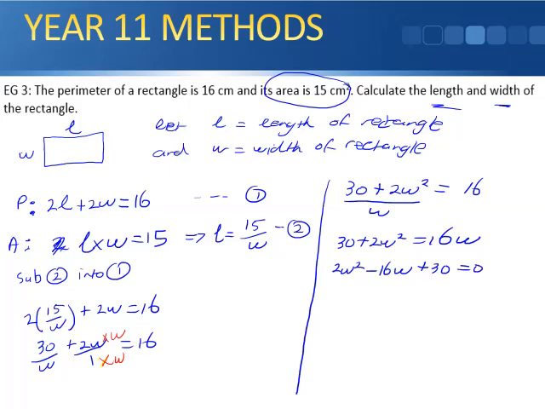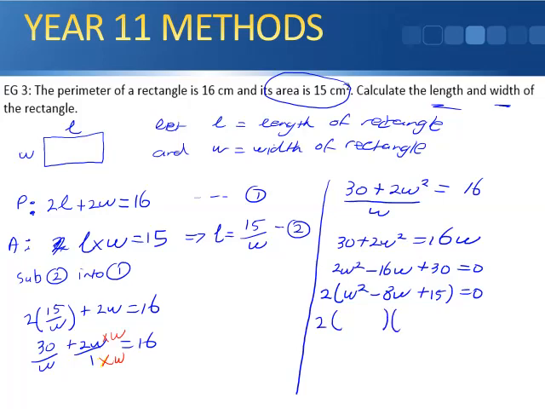And now I've got to factorize this. So factorizing it, I'm going to take out 2 as a common factor here, so I'll be left with W squared minus 8W plus 15 equals 0. Keep the 2 there, you can write it as many times as you want.